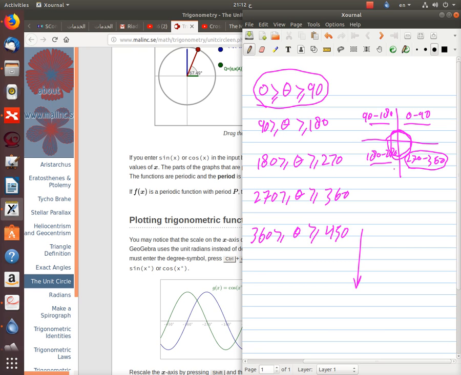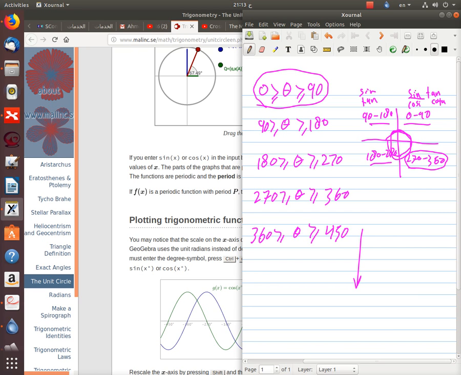Now what I want you to understand is that all the sine, cosine, tan, and cotan from 0 to 90 are similar to those in the other quarters.